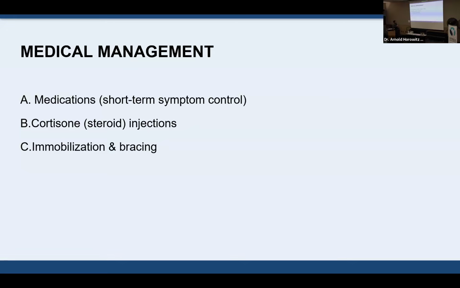Another treatment is cortisone injections. Like I said, we give 3 cortisone injections, like 2 weeks apart. Each one is additive over the next one. They do help. Sometimes they get rid of the pain, sometimes they don't, but they do help quite a bit. Immobilization and bracing also help, especially for plantar fasciitis.